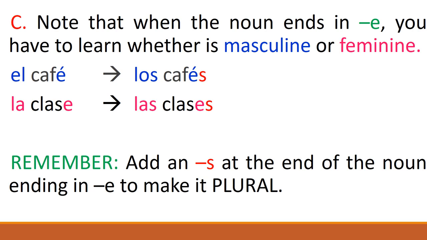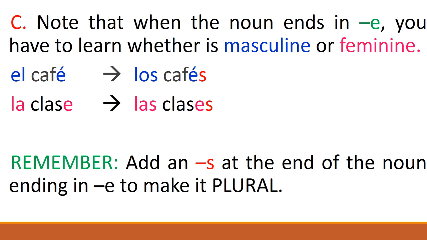Now your book is giving you a new one, el café, which means the coffee or the color brown, los cafés, the coffees or the brown colors. Now la clase, the class, las clases, the classes. Now you know for sure that clase is la because we have been repeating it over and over again.